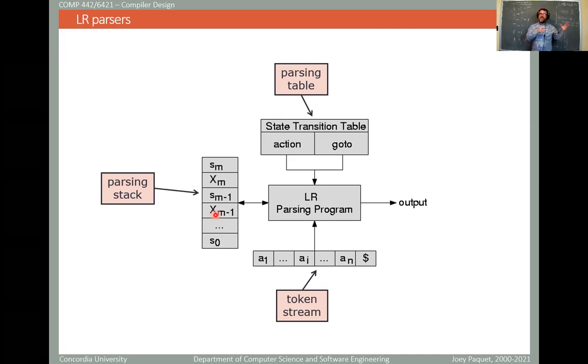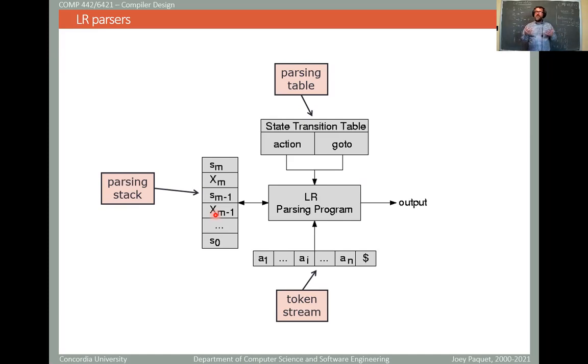So the stack is there for the algorithm to remember what it did in the recent past. For example, it was going forward in a certain right-hand side. Eventually, that's how the parser will recognize that on top of the stack there is a certain right-hand side, and it's going to remove this right-hand side from the stack and replace it by the corresponding left-hand side.